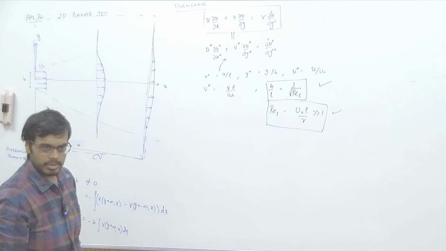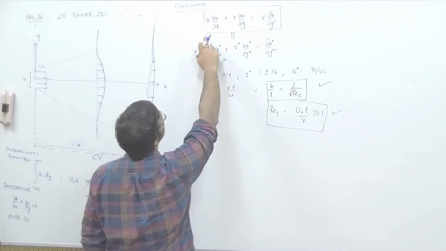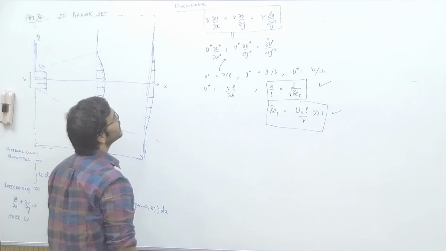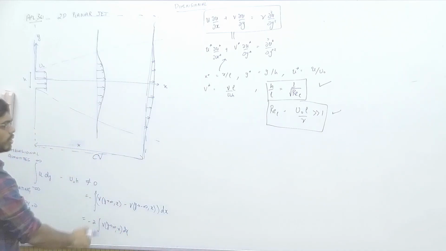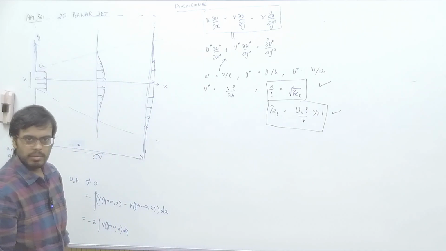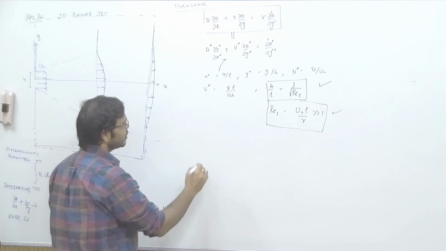So let's work with dimensional form, and what we will do is we will integrate this equation over the control volume. Okay, we will integrate this equation over the control volume.